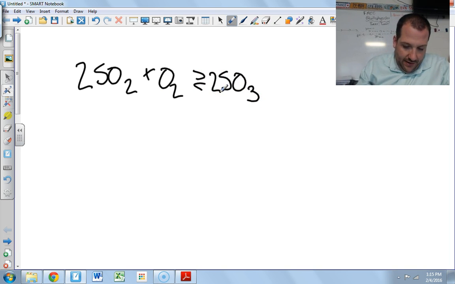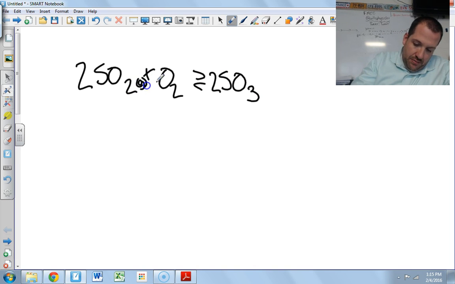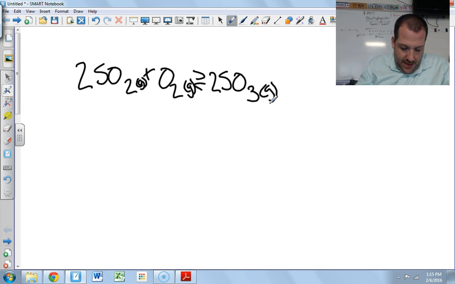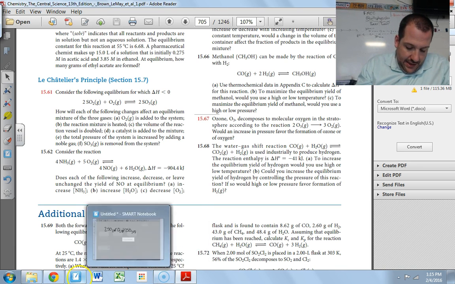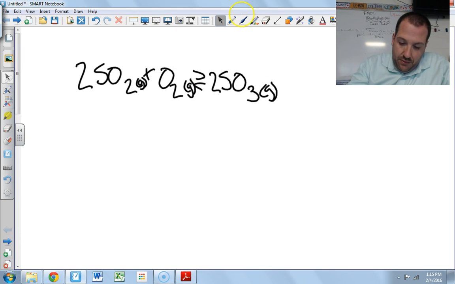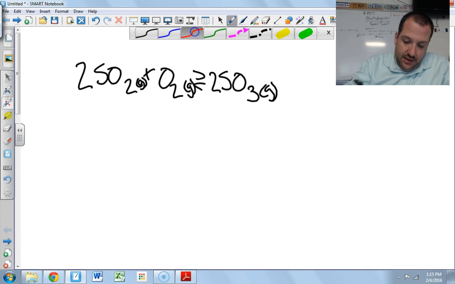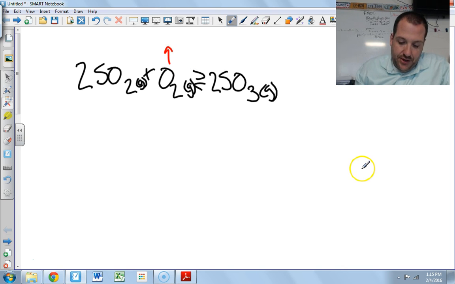Now those are all gases. Gas, gas, gas. Okay, and then what does the question say? It says, how will each of the following affect the equilibrium mixture of the three gases? So part A: O2 is added to the system. This is the way I do these problems: we increase the concentration there.